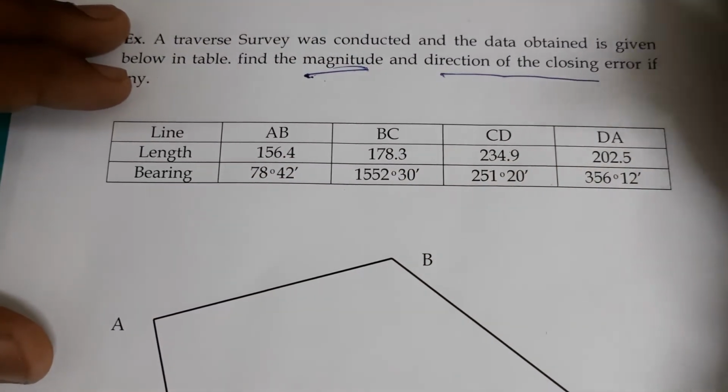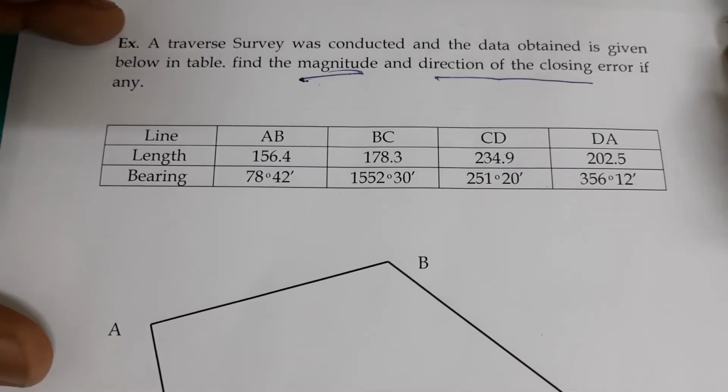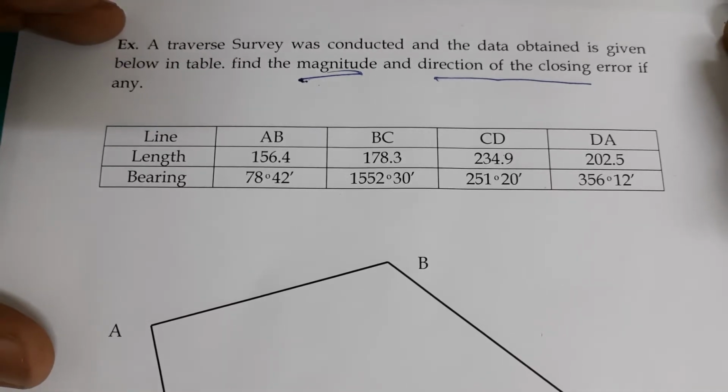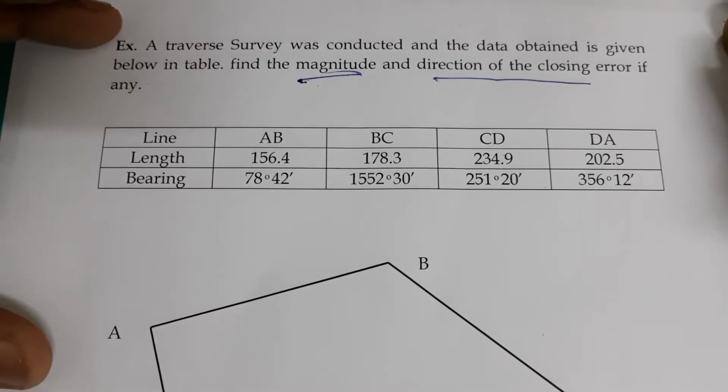The lines AB, BC, CD and DA are measured and the lengths of the various lines are given to you: 156.4 is the length of AB, then 178.3 is the length of BC, the same for CD, and the length of DA is given to you.